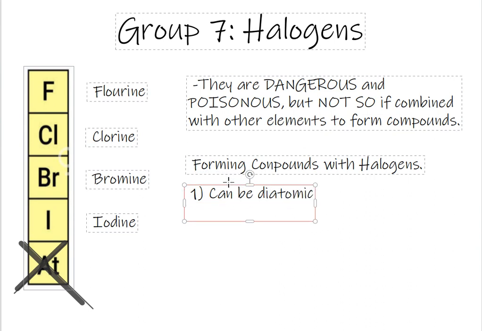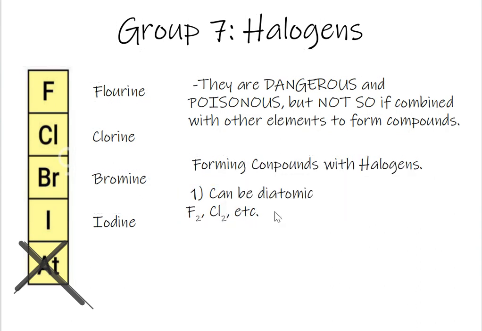It's 2 atoms which are together, like 2 fluorines together, or 2 hydrogens together, 2 oxygens together, etc. So in this case, they can have F2, Cl2, etc. I'm sorry, but I have to make this 2 go down, and I can't do it with a PDF. Just don't make it a 2, okay?